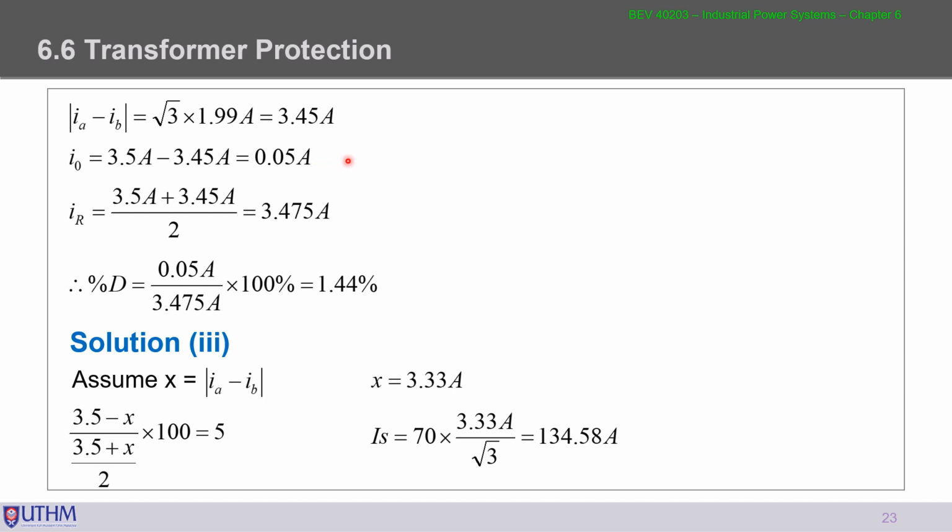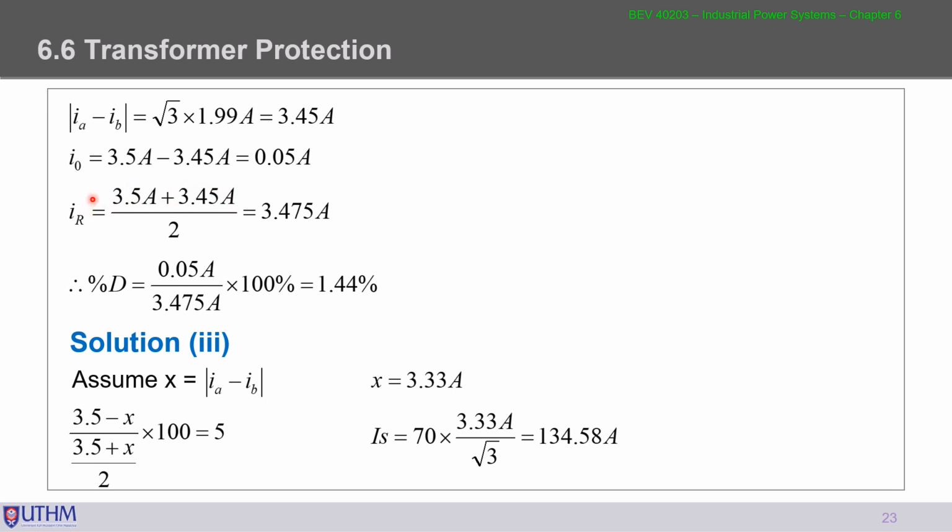That is IO. Then we have to calculate IR. IR represents the restraint, which is the average of the current transformer at primary side and also the secondary side.